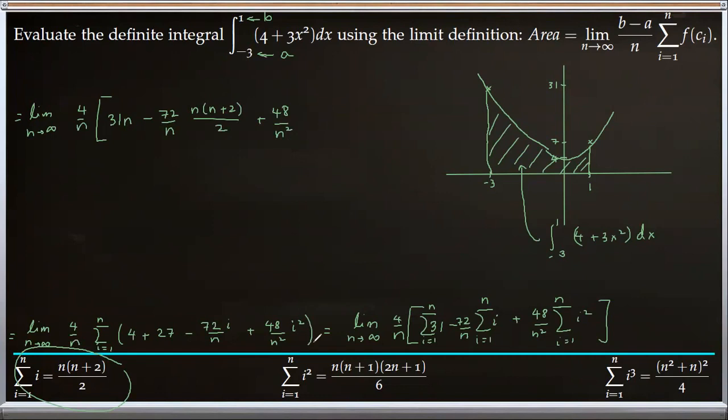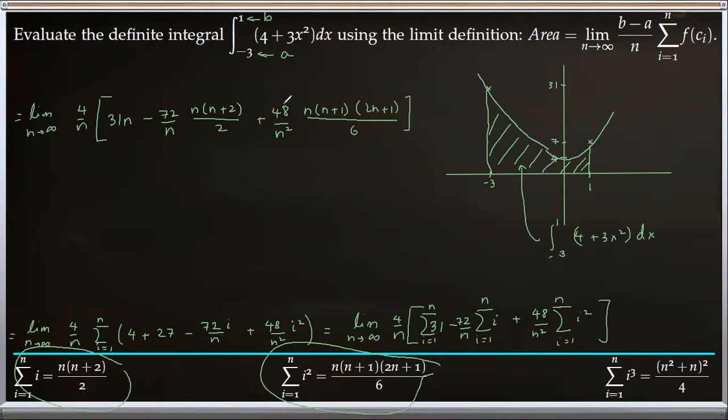And we have sum i squared, the formula for which we have over here. So that will be n times n plus 1 times 2n plus 1 over 6.